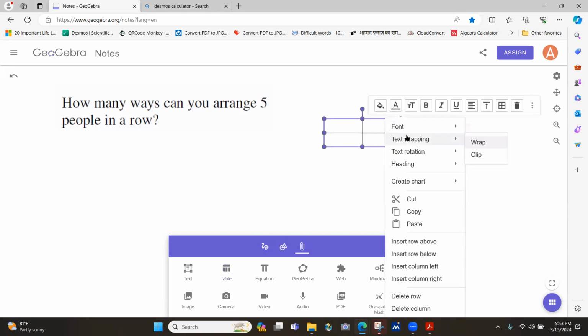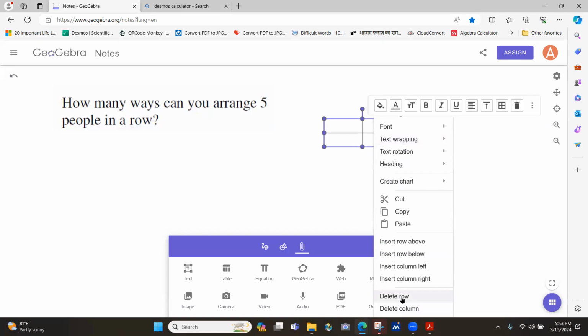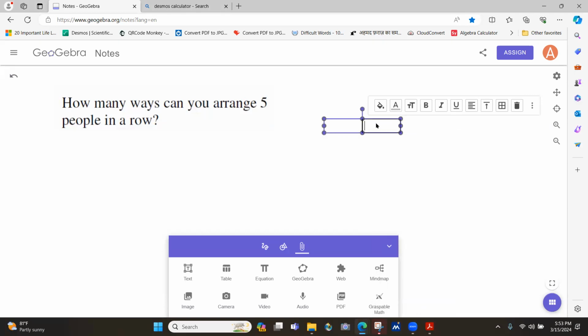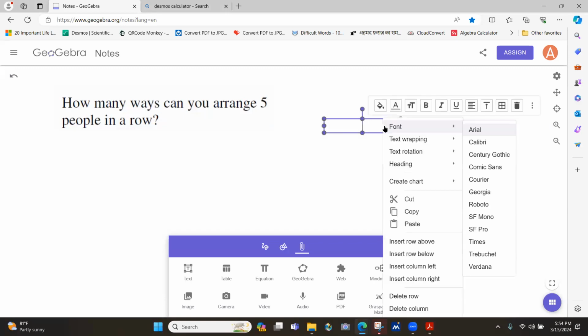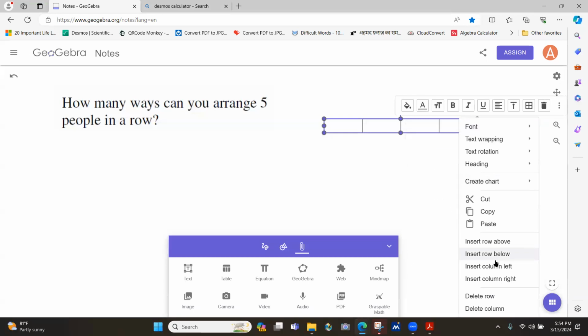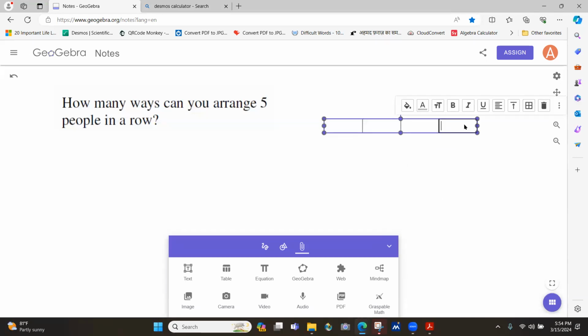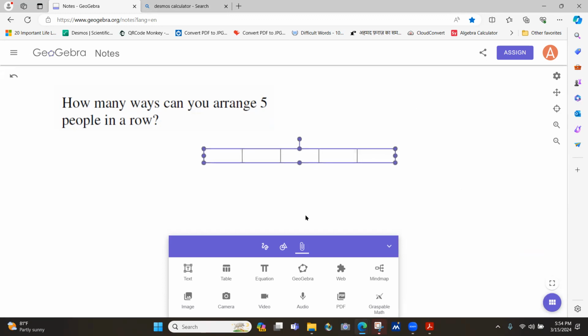Pretend they are five chairs, right? So I have five chairs, okay?